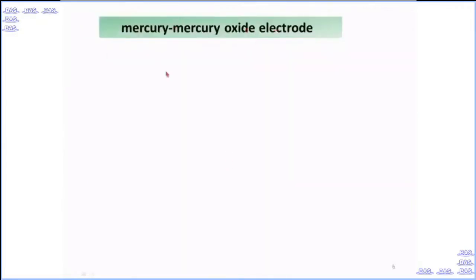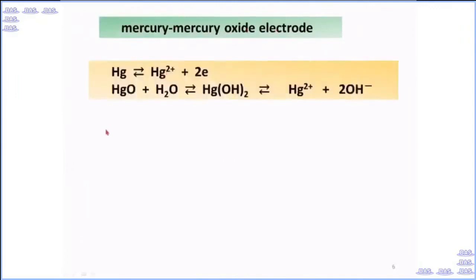The mercury oxide electrode is usable for alkaline solution. The electrode reaction is like this, and in alkaline solution the reaction scheme is like this, and the potential is represented by this equation.